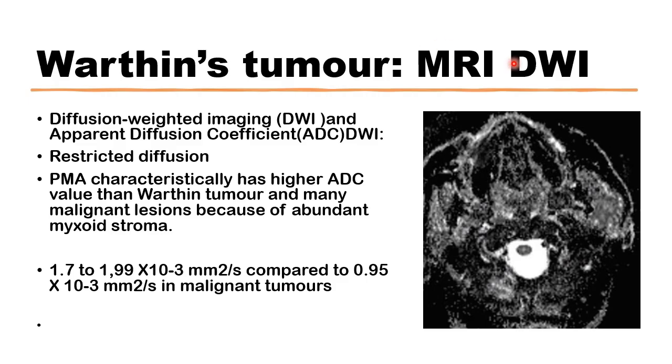The diffusion-weighted imaging for the MRI scans of Wharton's tumor would show a restricted diffusion. The apparent diffusion coefficient, the ADC, of the Wharton's tumor would also be much lower than that of the pleomorphic adenomas, for example. The pleomorphic adenomas usually have a higher ADC compared to that of a Wharton's tumor.